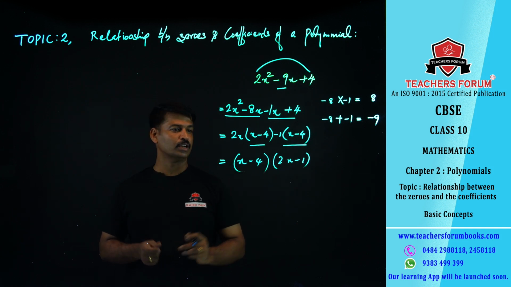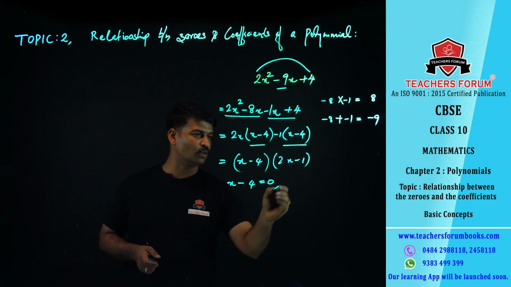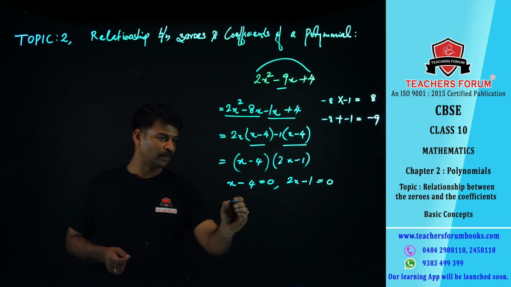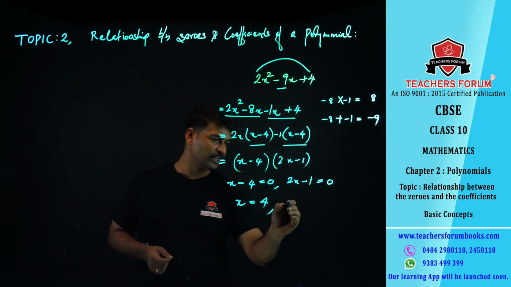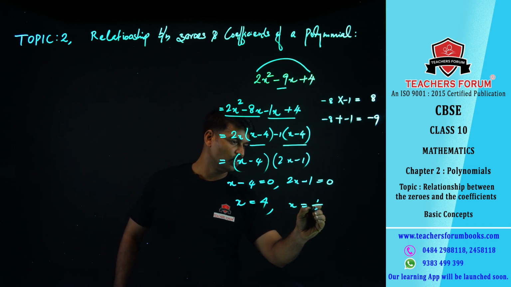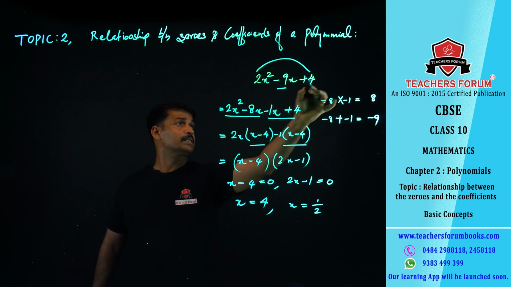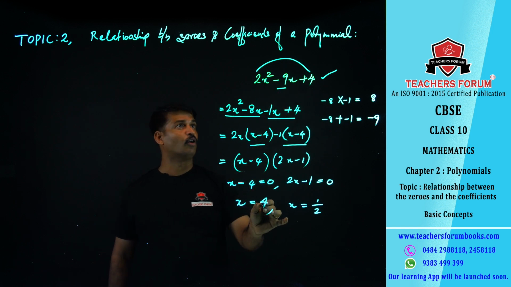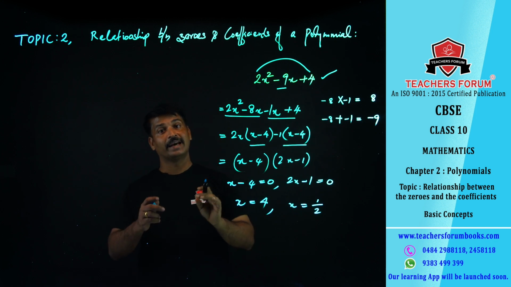Now to find the zeros, you put x minus 4 is equal to 0 and 2x minus 1 is equal to 0. Now what is the value of x? Here the value of x is equal to 4. Here the value of x is equal to 1 by 2. Now if you substitute 4 for x in this quadratic polynomial, you will be getting the value of this quadratic polynomial as 0.